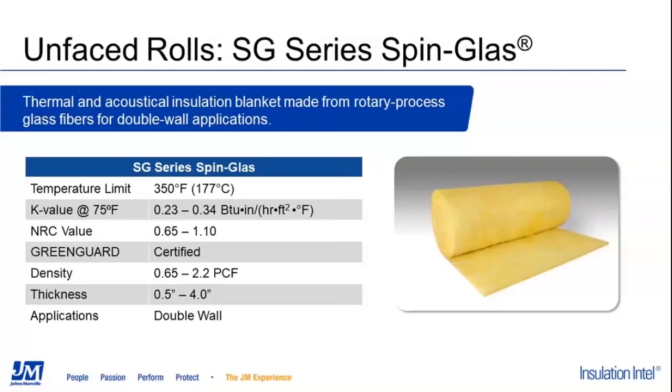It's really most applicable to double wall, but certainly can be used in other applications where you might need its K value or thickness options. You'll see that it goes up to 4 inches all the way down to a 1/2 inch product. Note that it is GreenGuard certified. And to note on SG series and a few other products, this product has a high percentage of post-consumer recycled content at 56%.